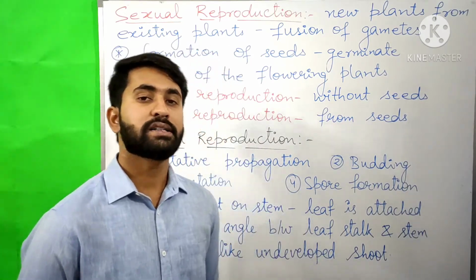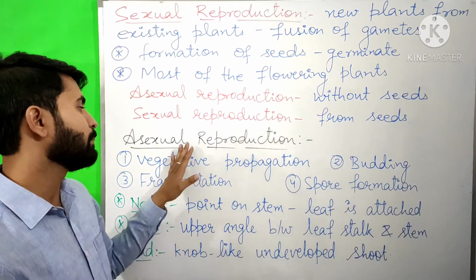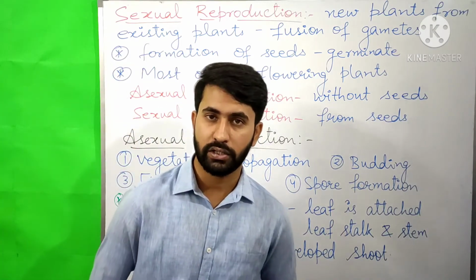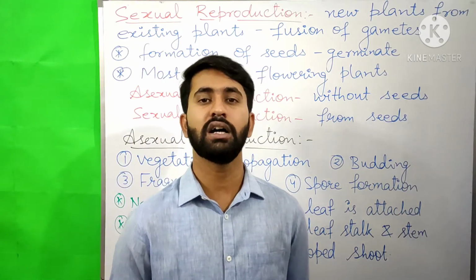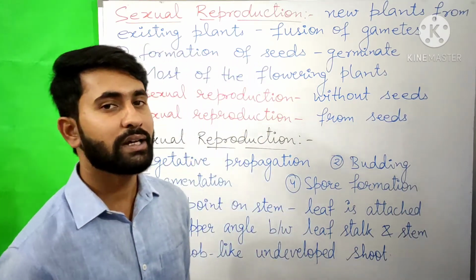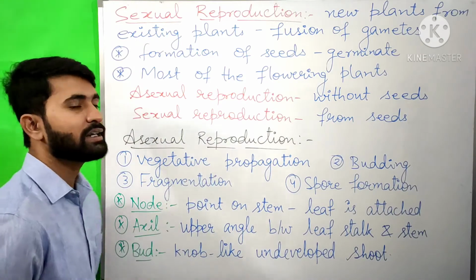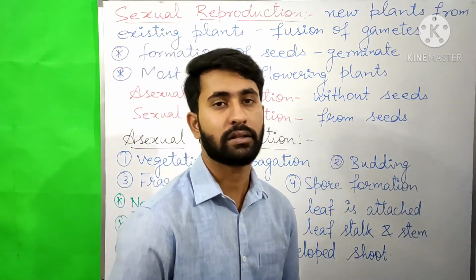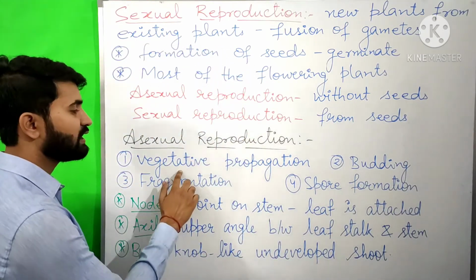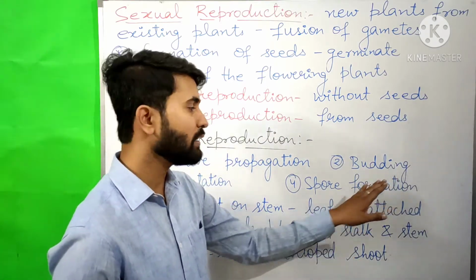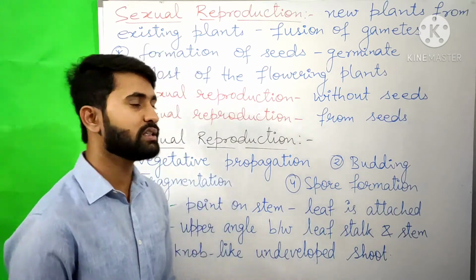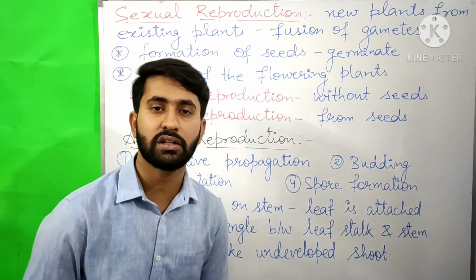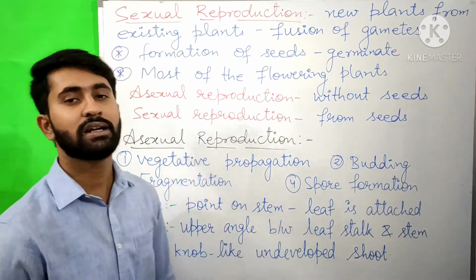The new plants that are obtained by asexual reproduction are similar, or we can say identical, to the parent plant. Asexual reproduction can take place by four methods: vegetative propagation, budding, fragmentation, and spore formation.